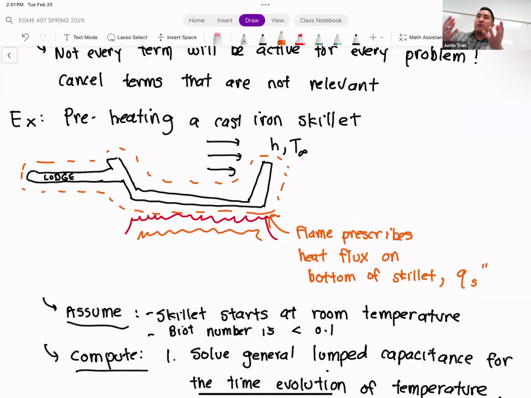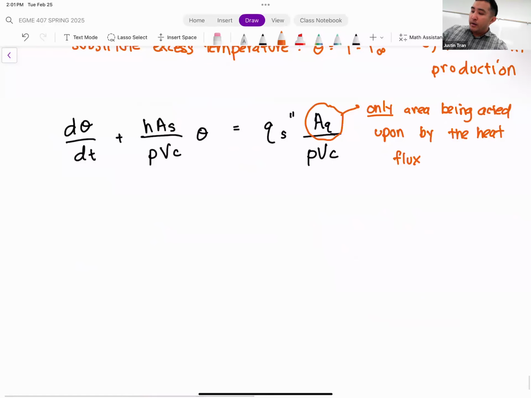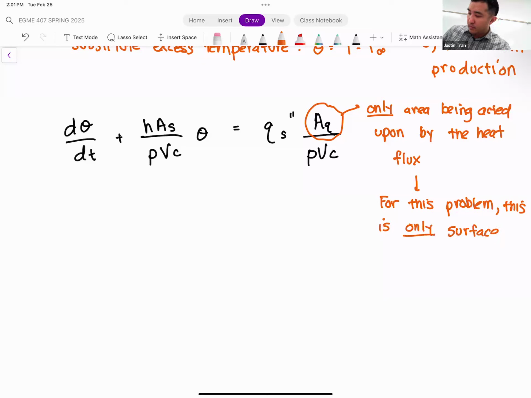The flame is only heating up the bottom of the pan, so our A_q is only going to be the surface area of the bottom of the pan itself. Keep that in mind, that area is often different.